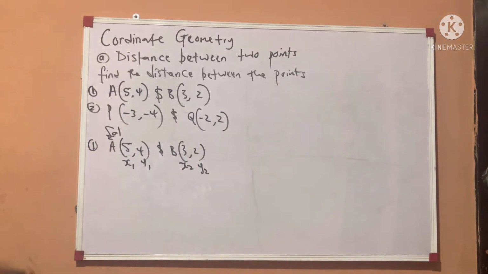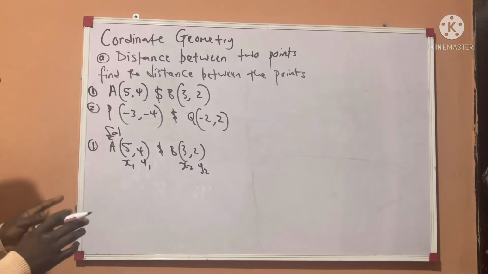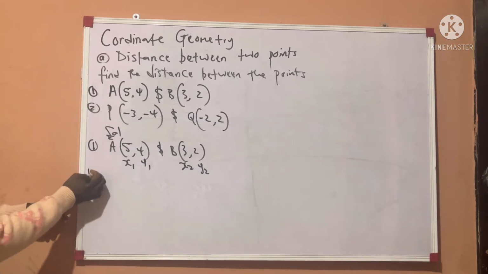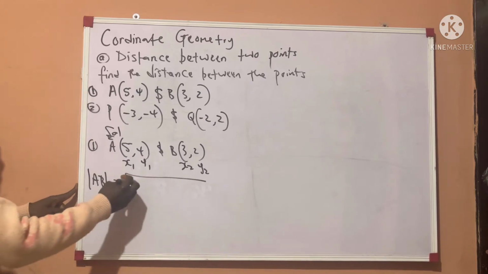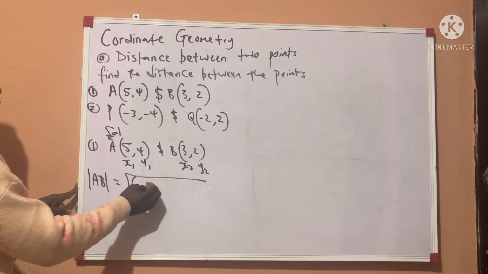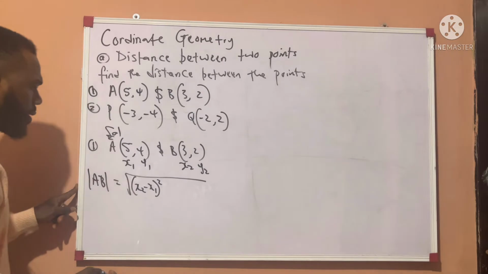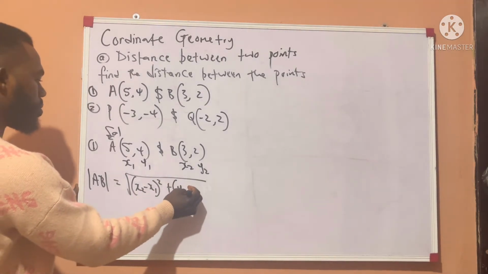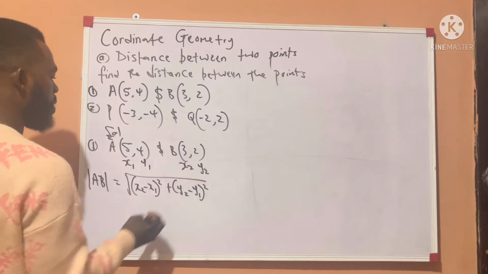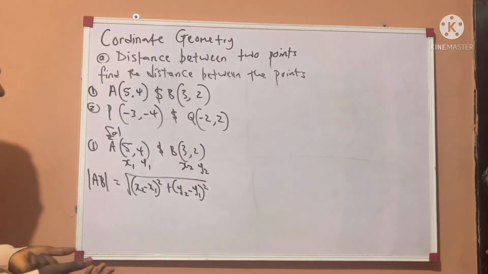That's the first thing you need to do. Now let us apply the formula. The distance between A and B according to the formula is the square root of x2 minus x1 squared plus y2 minus y1 squared.